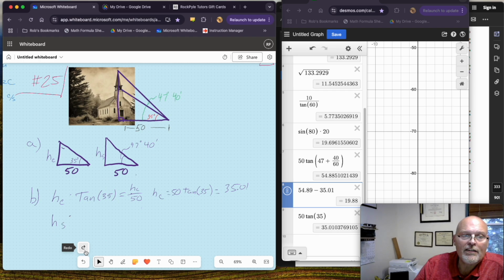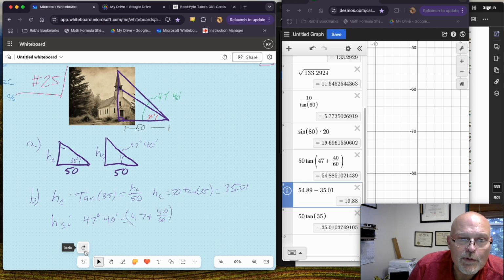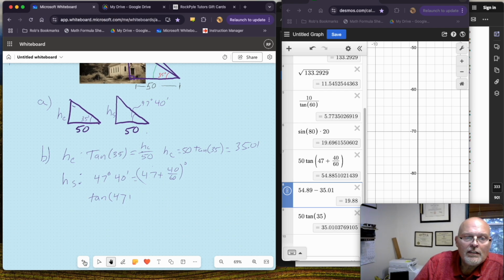Okay, now I'm going to find the height of the steeple. Similarly, first I need to convert degrees and minutes into degrees. So from what we did at the beginning, we know that's 47 plus 40 over 60 degrees. So the tangent of 47 degrees and 2/3 is that over 50.